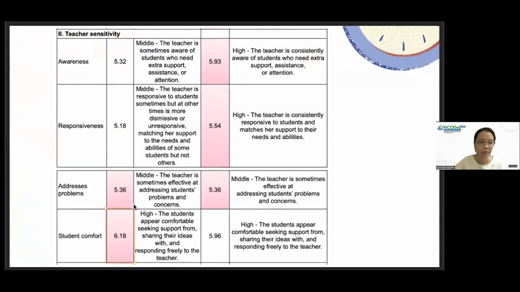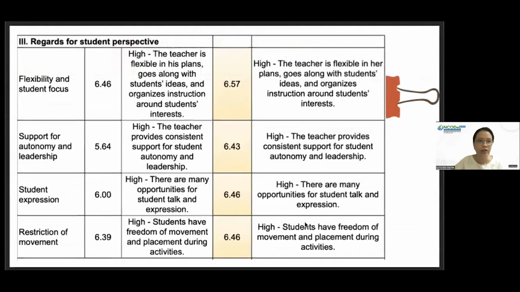And for student comfort, the conventional classroom scored higher. And for the addresses problems dimension, they have the same score. For regard for student perspective, at the end of the implementation, the flipped classroom scored better than the conventional classroom.